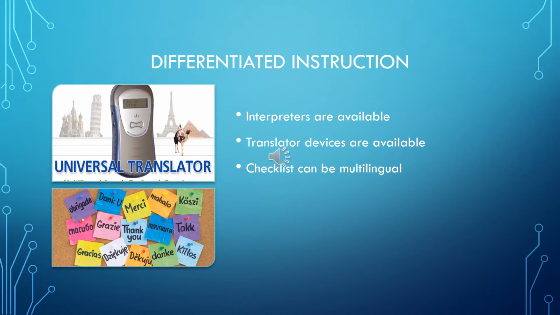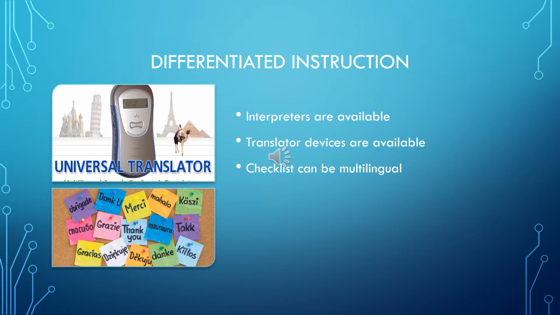As we saw in the previous slide, there are tools available on the internet for multilingual patients or multilingual exposure to patients. Here also is another device, a universal translator that is available to us, so we can use it to communicate effectively with patients that speak a different language.